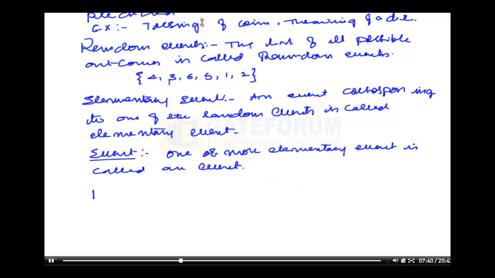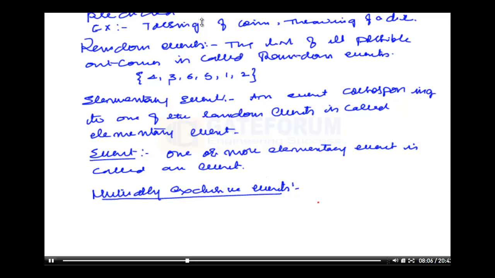Another one is mutually exclusive events. We can define it like this: when both the events do not occur simultaneously, they are called mutually exclusive events.